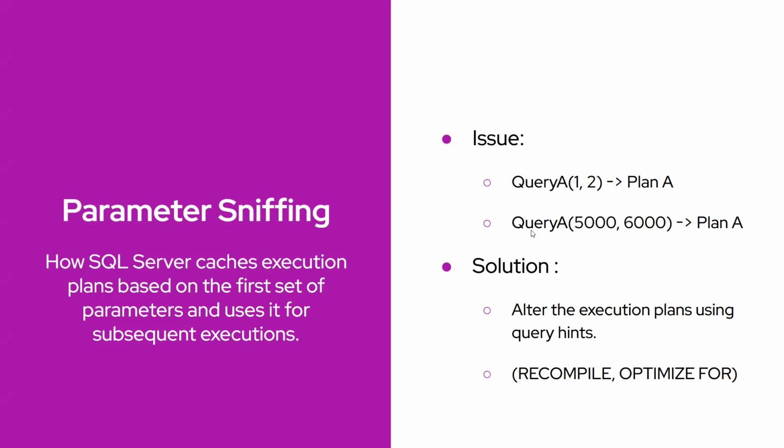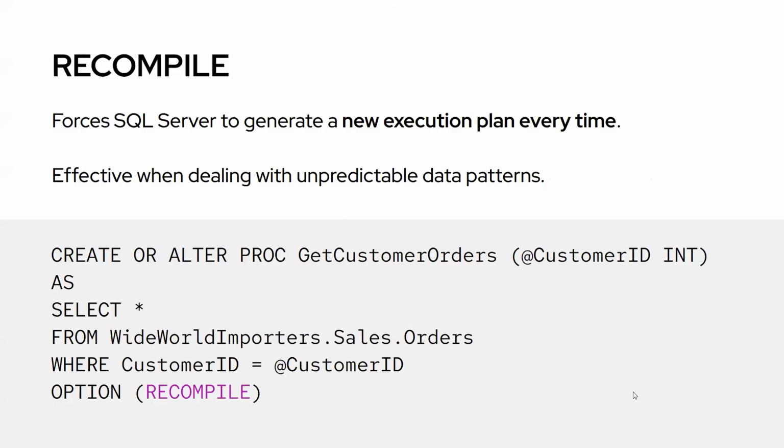Next time when we run the same query A with the parameters 5,000 and 6,000, it will run on the same execution plan, plan A. There could be a better execution plan for 5,000 and 6,000 rather than using the same execution plan as for parameters 1 and 2. We can set up a solution for that using SQL Server options like RECOMPILE and OPTIMIZE FOR. We will discuss more about that.